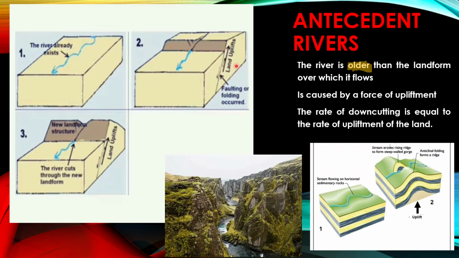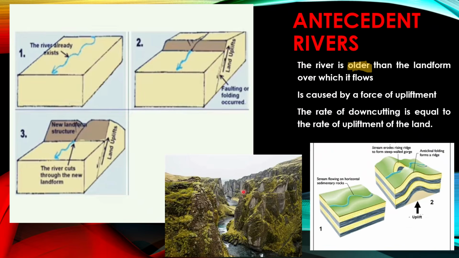With antecedent, there is folding or faulting caused by a force of upliftment. The landform is being uplifted and the river erodes vertically into the new landform. Here they are telling us there's a new landform structure and the river has eroded vertically. It cuts through the new landform to form a gorge once more.